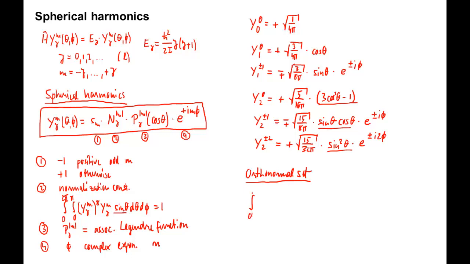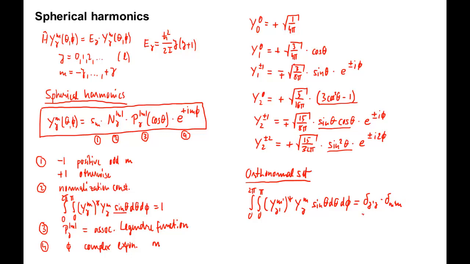So the integral from 0 to 2 pi and the integral from 0 to pi of Y_j'm' complex conjugate times Y_jm times sine theta d theta d phi equals delta_j'j times delta_m'm.